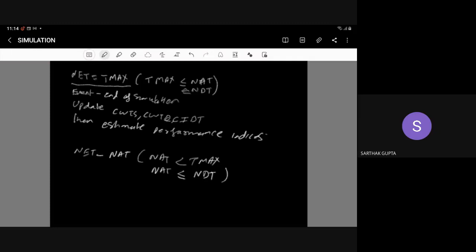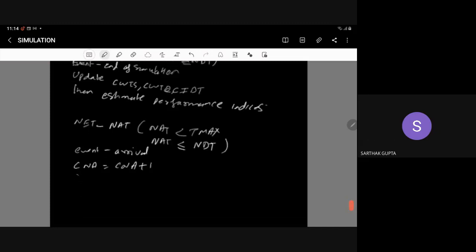It means the event will be the arrival, and due to the arrival, the cumulative number of arrivals will increase by 1. CNA will become CNA plus 1.